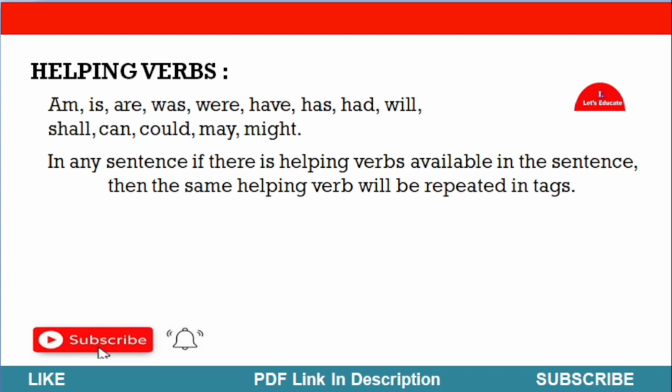When you are trying to solve any question tag and you find helping verbs like am, is, are, was, were, have, had, has, then the same helping verb will be repeated in the tag.